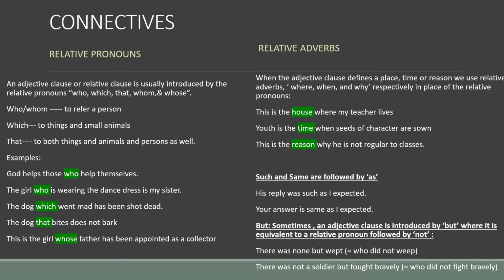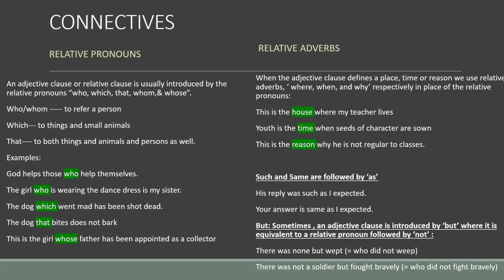So here, which is a relative pronoun. The dog that bites does not bark, mentioning a particular thing, that is the animal, dog. Here, that is the relative pronoun. This is the girl whose father has been appointed as a collector. Here, whose is mentioning the girl. That is why it is called a relative pronoun.